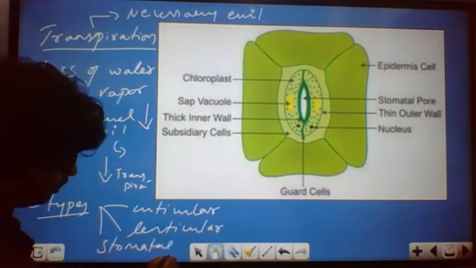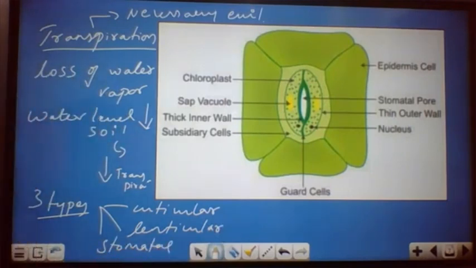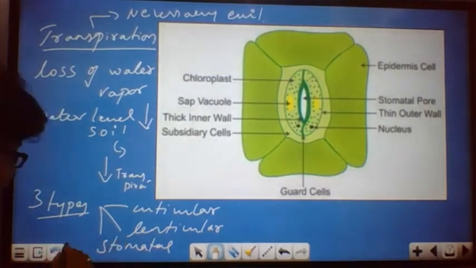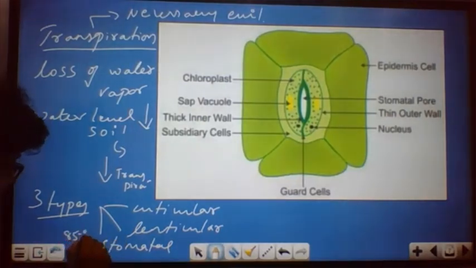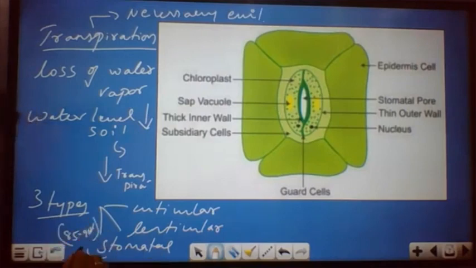As of now, we usually think transpiration takes place only by means of stomata, right? But there are other types as well. The majority of transpiration takes place by means of stomata, about 85 to 90 percent. The remaining takes place by means of the cuticle and the lenticels.